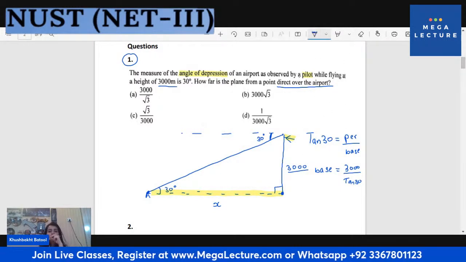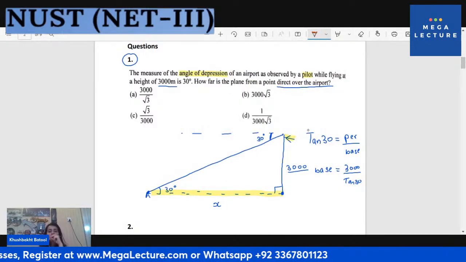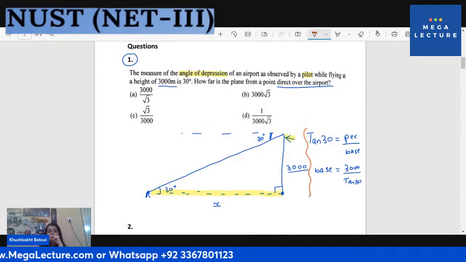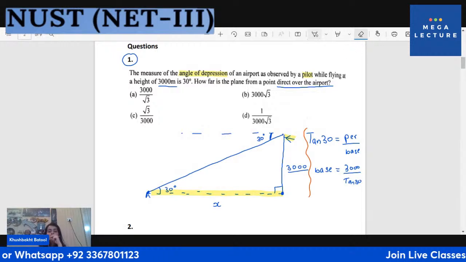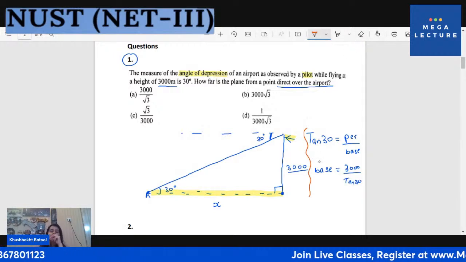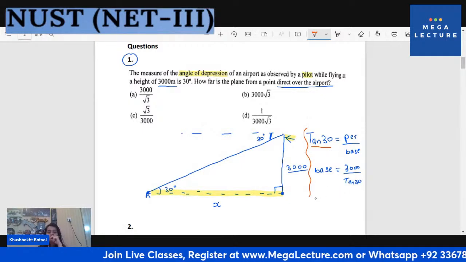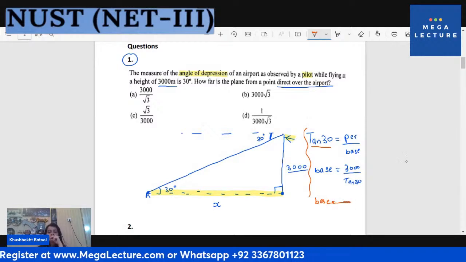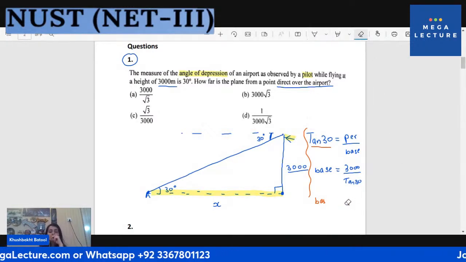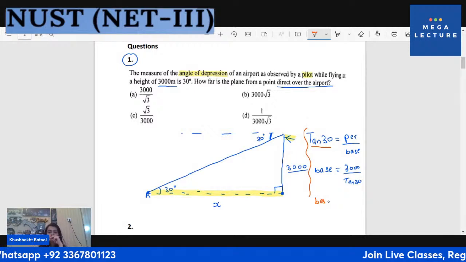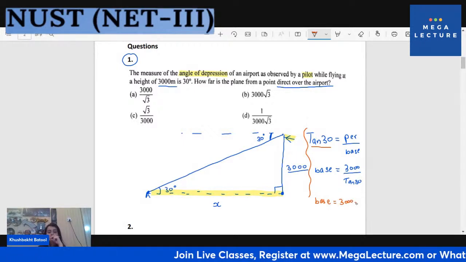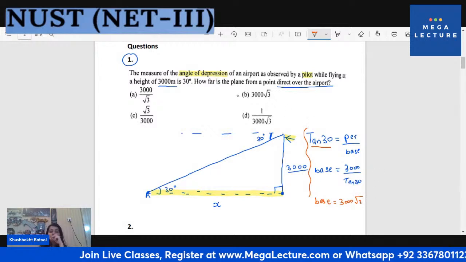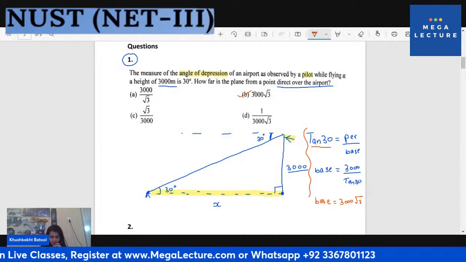So how would you solve this? In the previous video, I shared a table with the basic angles and their values. You need to memorize the value of tan 30. Then the base is going to be 3000 divided by tan 30, and tan 30 is 1 by root 3. So it would give you 3000 multiplied by root 3. So the answer is going to be B in this case.